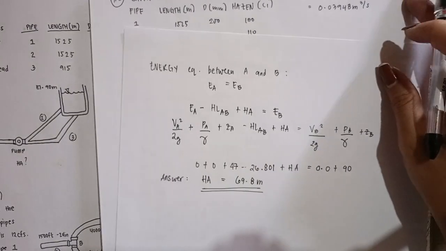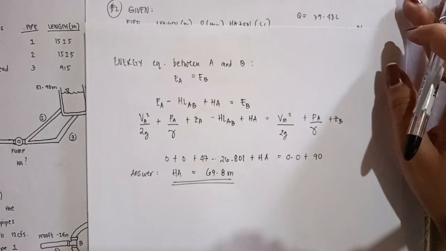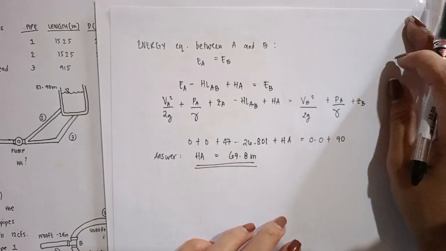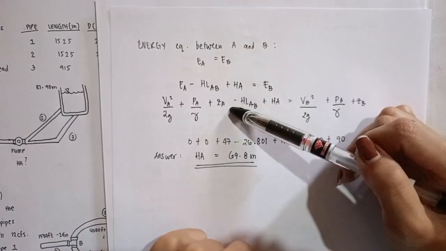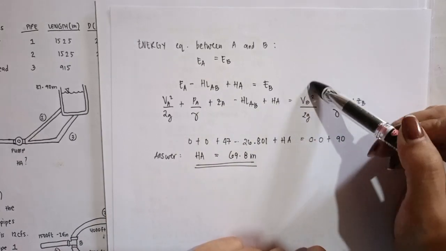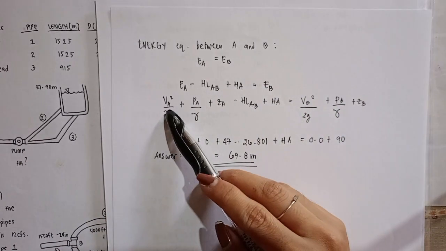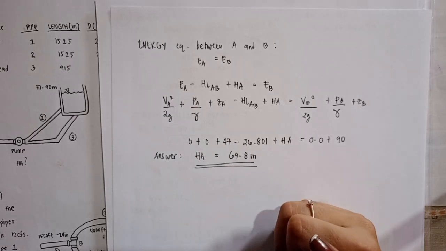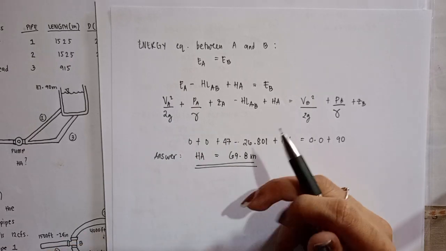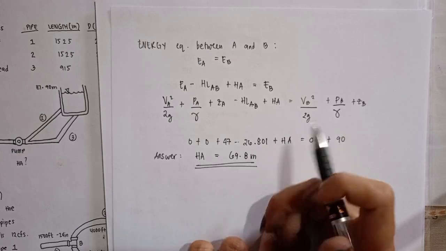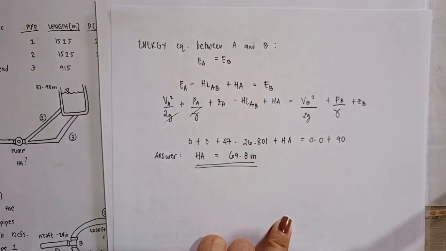Now that we got our head loss, we can now proceed to the energy equation between A and B. So EA is equal to EB. EA minus the head loss of AB plus head added is equal to EB. Now, we got no pressure head and velocity head, so we can say that it is 0.